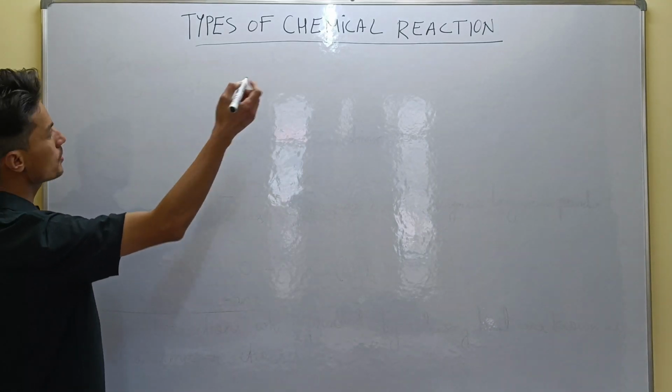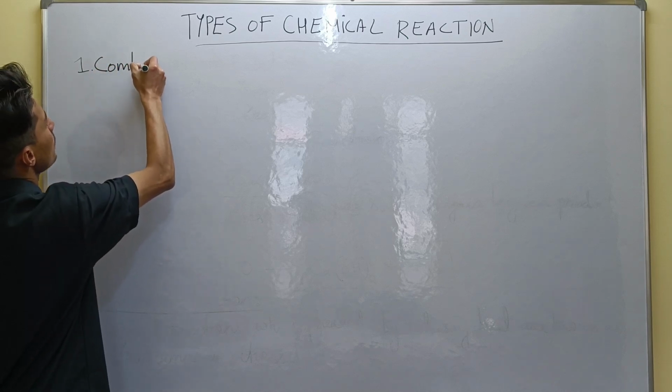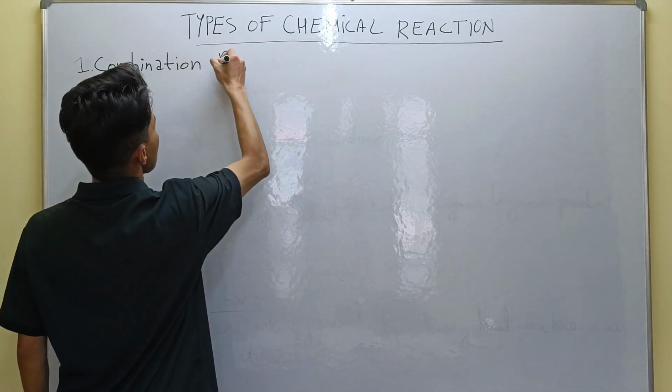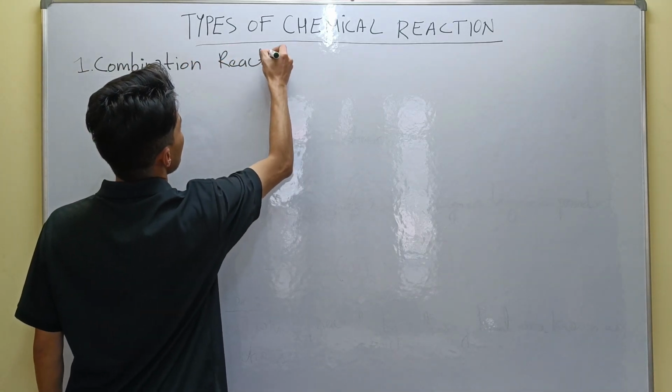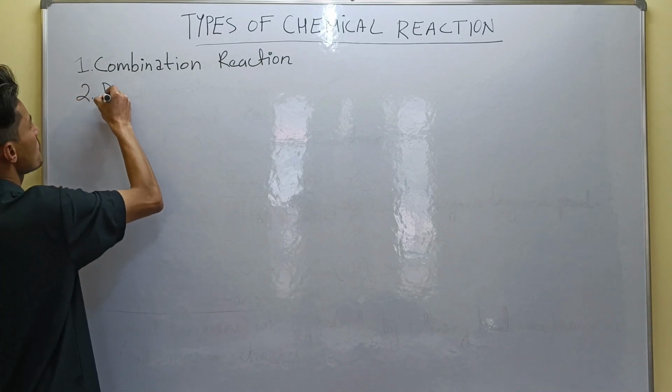Types of chemical reaction: the first one is combination reaction. The second one is decomposition reaction.